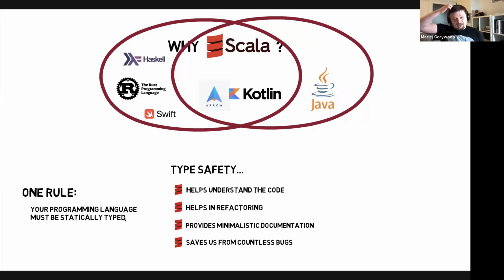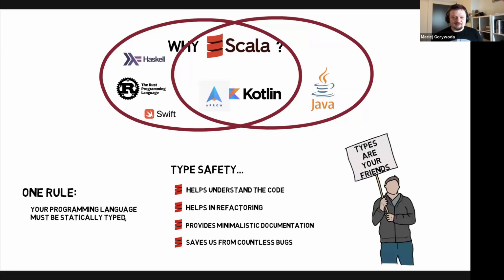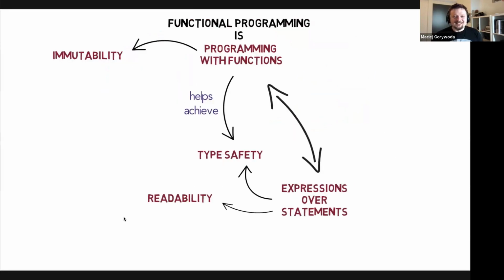Type safety helps us understand the code and helps in refactoring: if I change something, the compiler and the IDE can quickly tell me what else I need to change to make the code work. That type safety has saved me from really a lot of bugs. Yeah, types are my friends, and yours as well.